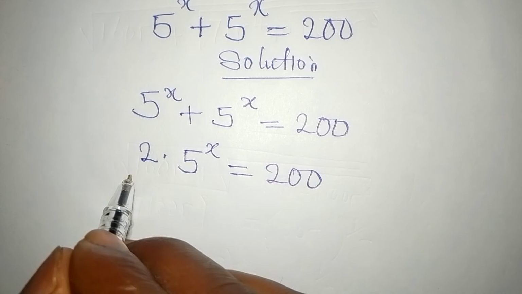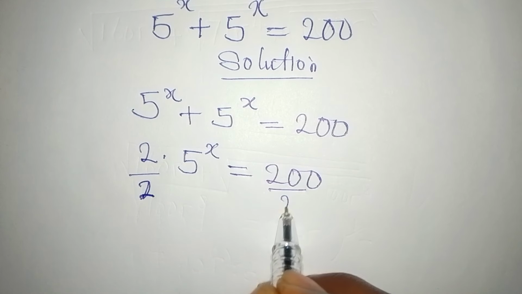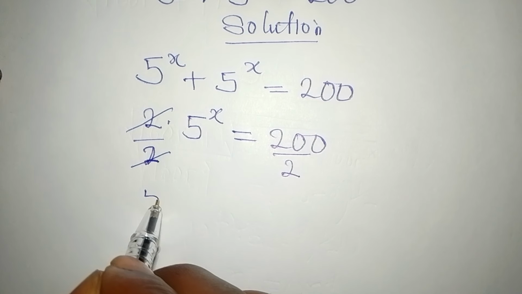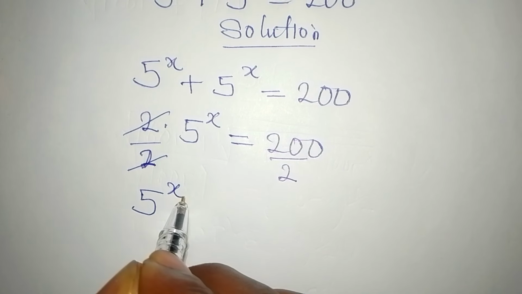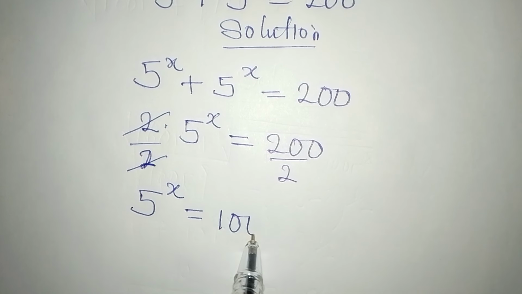There's nothing wrong if we divide this by 2, and then we divide this by 2. So that 5 to the power of x will be equal to 100.